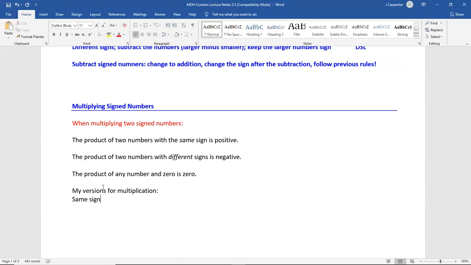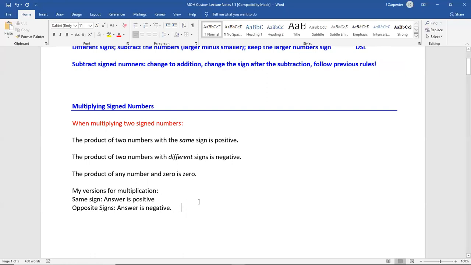Same sign, the answer is positive. They have opposite signs, the answer is negative. And that's it. Same sign, positive, opposite signs, negative.